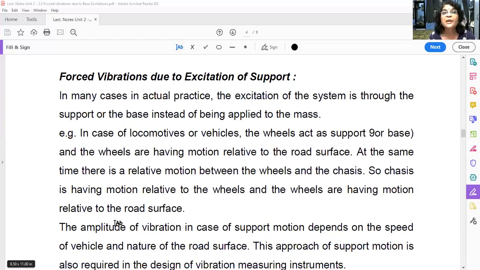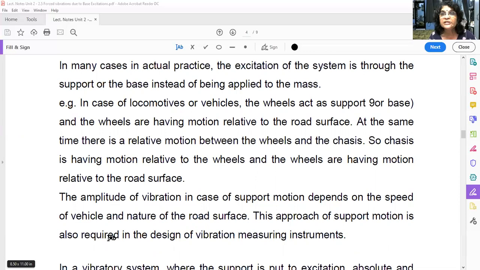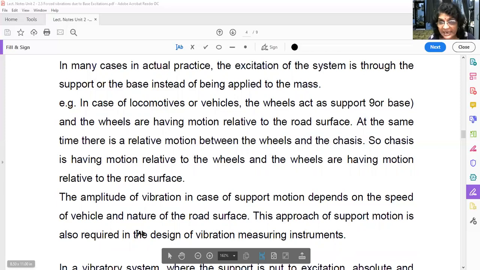For example, in the case of a locomotive or vehicles, your wheels are acting as supports. Because of the vibration of the wheels, your chassis will also vibrate. So there is a relative motion between the wheels and chassis, and road and wheels.